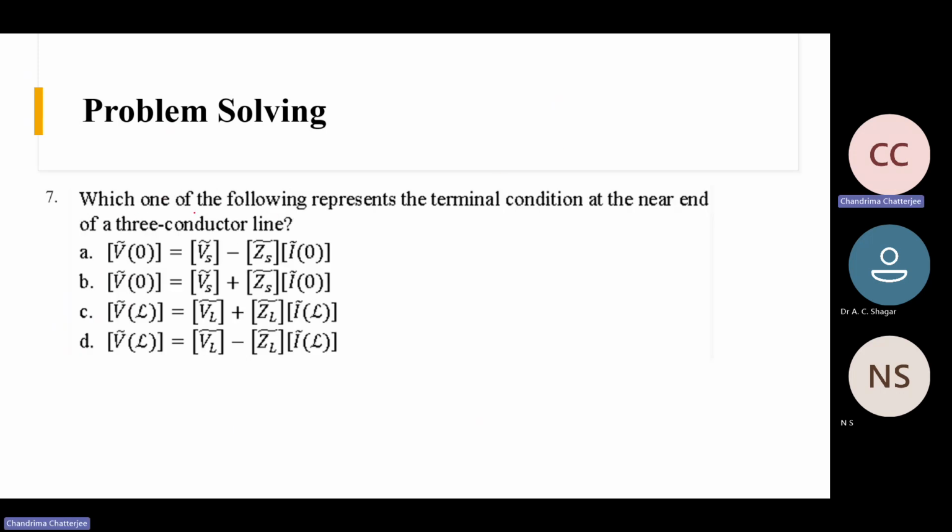Next question is, which one of the following represents the terminal condition at the near end of a three conductor line? I showed you the two port network, so I will again show you.